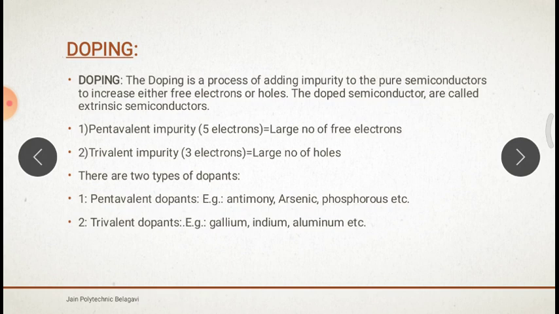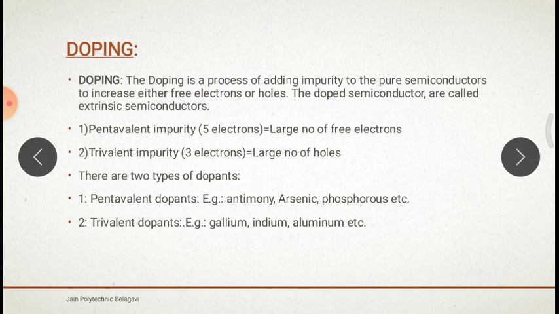In that, again there are types. If you add an impurity with 5 valence electrons, it is called a pentavalent impurity. If you add an impurity with 3 valence electrons, it is called a trivalent impurity. In the case of pentavalent impurities, there will be a large number of free electrons. In the case of trivalent impurities, there will be a large number of holes.